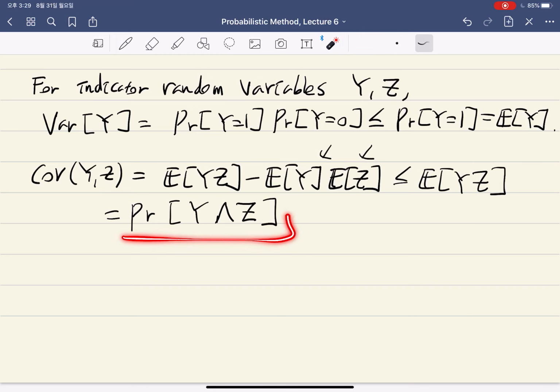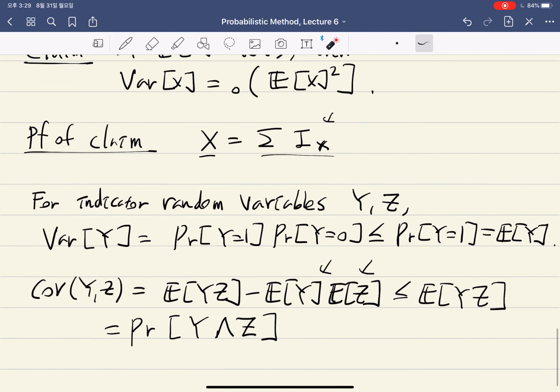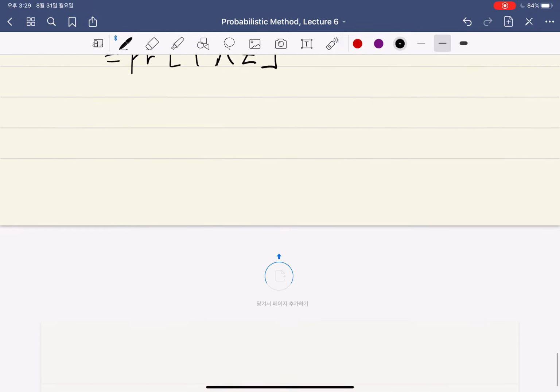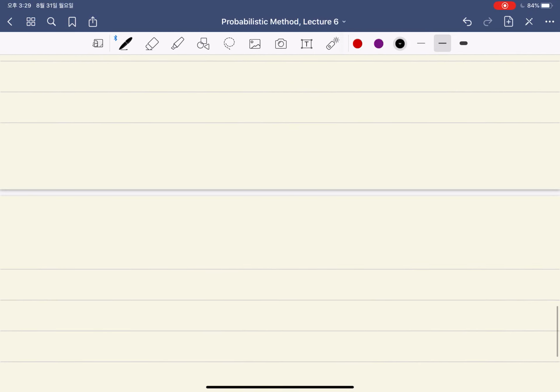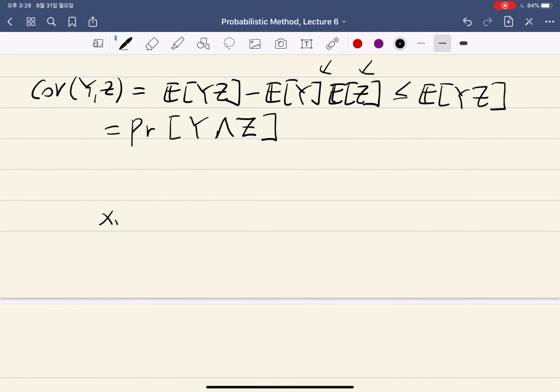So now the main task is that we want to measure how this changes over the indicator random variables. We have this ordered tuple x1 to xb and ordered tuple y1 to yb.